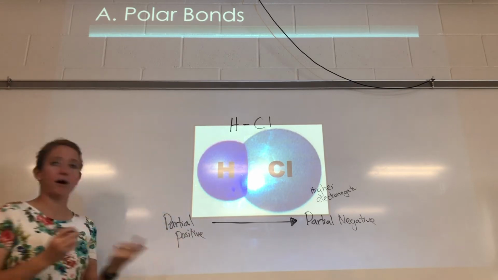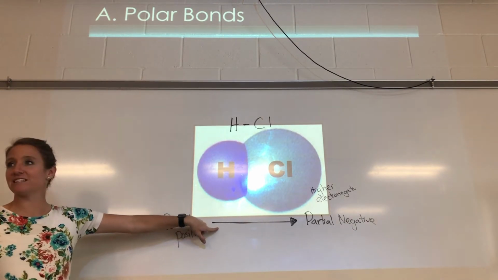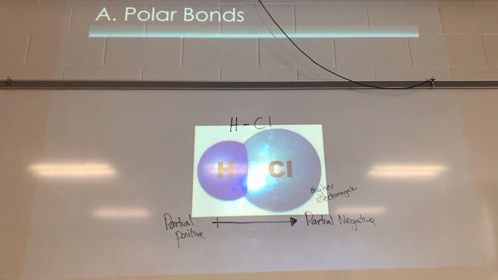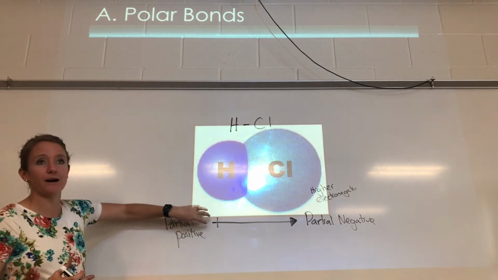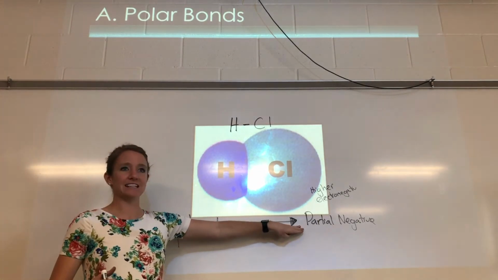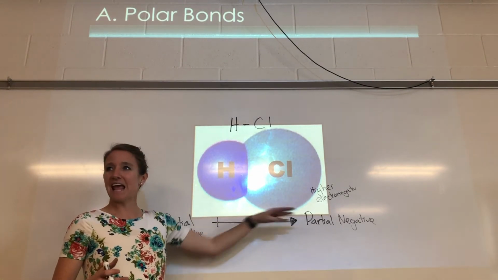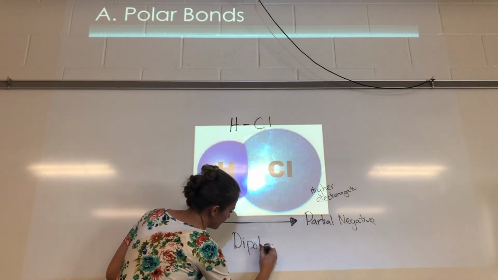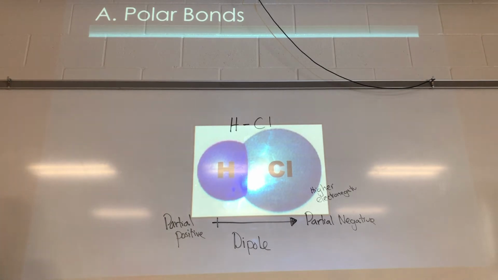So to show that positive charge, on the end of this arrow, we make it a plus sign. So these arrows show that charge. They show, hey, this side is positive, and this side is negative. This arrow right here is known as a dipole moment. So it's called a dipole arrow.